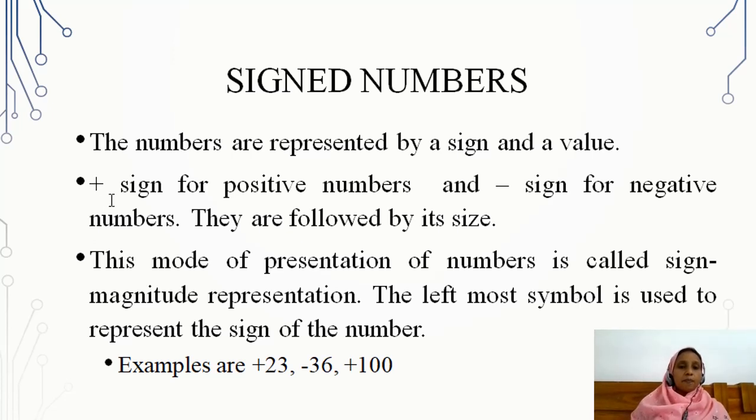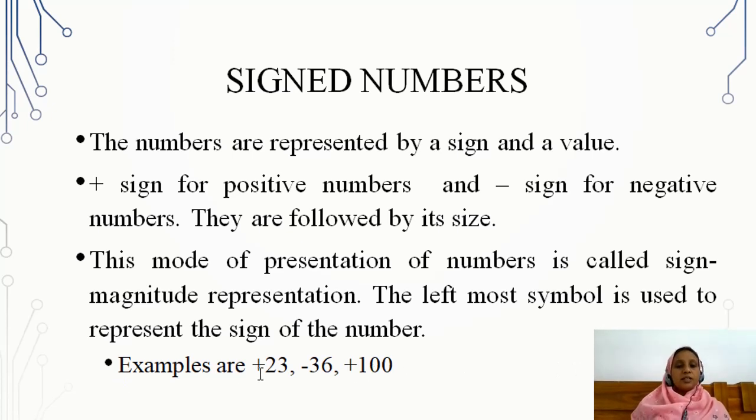This mode of representation is called sign magnitude representation. The leftmost symbol is used to represent the sign and the remaining part is the magnitude of the number.